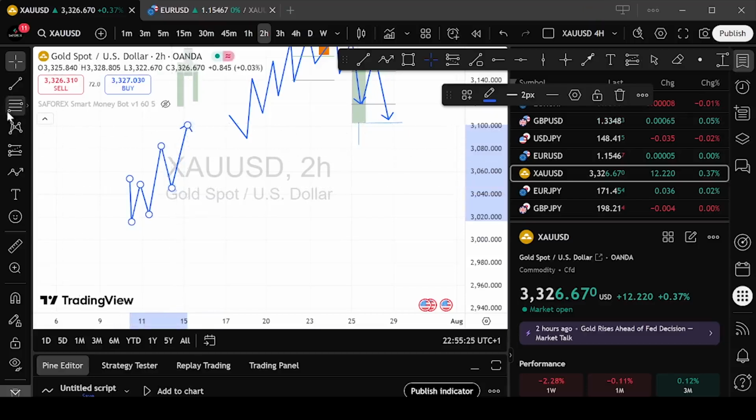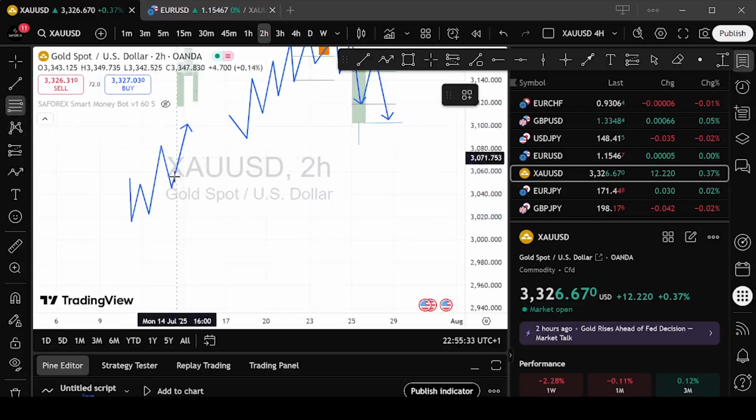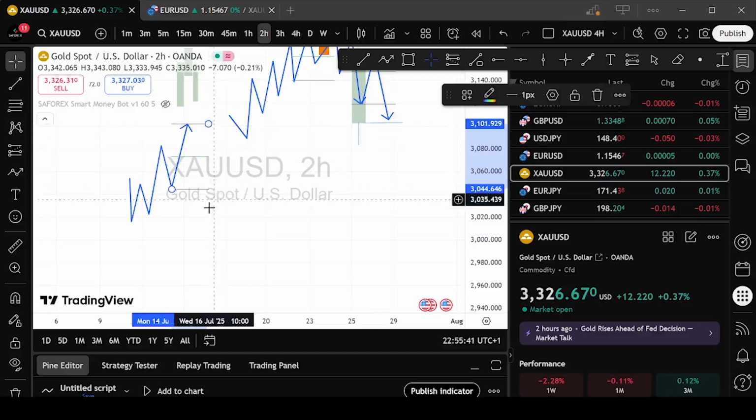I'm trying to repeat what I did above because most of you may not get it. Now, your Fibonacci may not be like mine. Yours might have different numbers, but the numbers will include 50%. This is 0, this is 50, and this is 100.